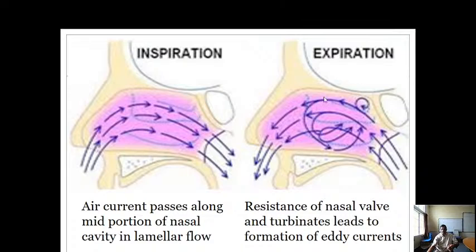These are called the eddy currents. The significance of these eddy currents, how they affect the ventilation of the nasal sinuses, we will see later. So these are the eddy currents that are formed.